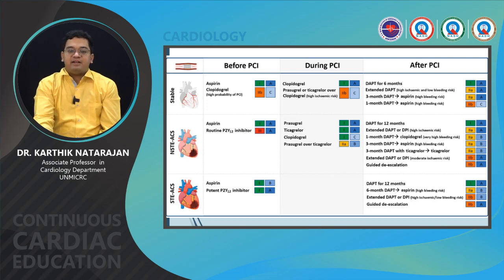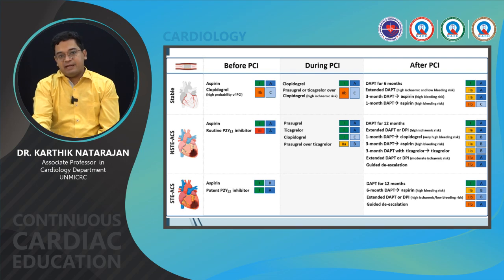But if the patient is to undergo PCI, then you need to give clopidogrel. The class 1 indication is clopidogrel in stable chronic coronary syndromes, but prasugrel or ticagrelor may be considered, especially in patients with high ischemic risk.